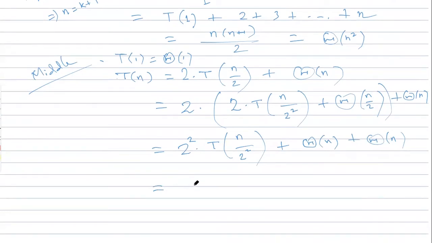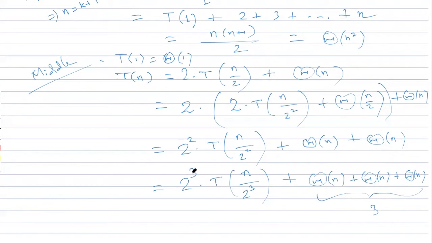So this means what? So now, if I write one more term, it would be T of n by 2 to the power 3, plus order of n plus order of n plus order of n, right? So this is going 3 times, which is the same as the power.